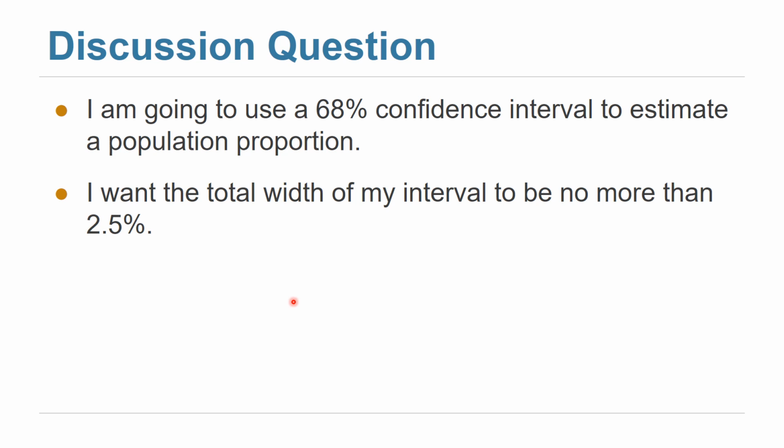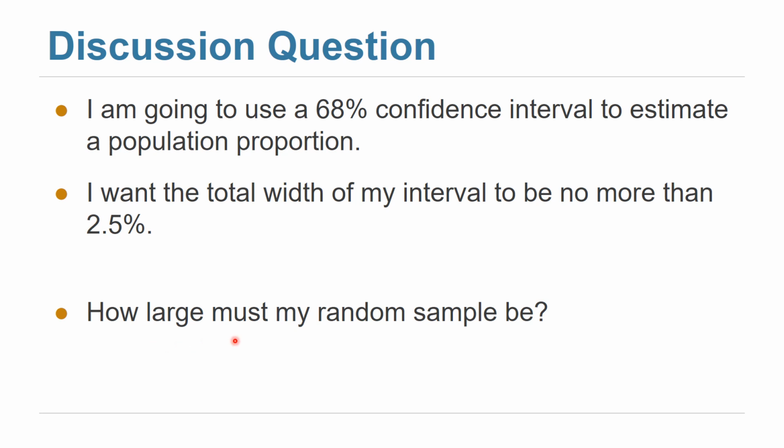Now I want the total width of my interval, which is 68% confidence, to be no more than 2.5%. Now the question is, how large must my random sample be? I will get a random sample from the population in order to estimate the population proportion.